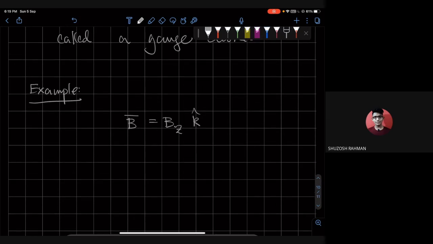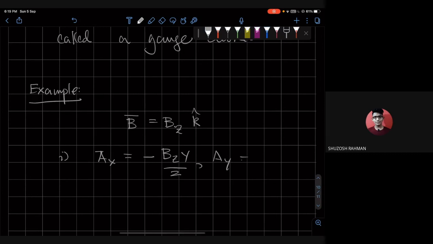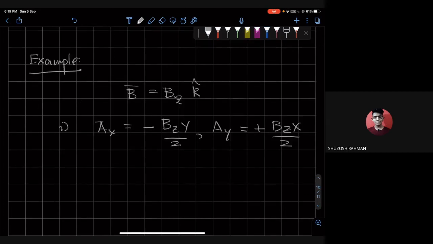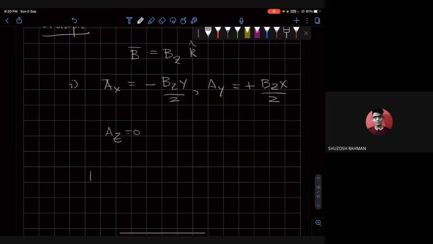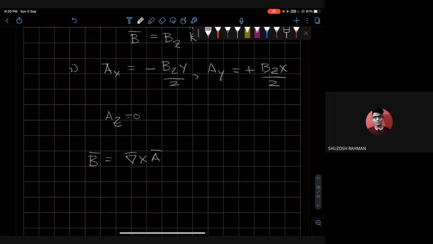Now, if I take one of the gauge fields to be Ax is say minus Bz y by 2, Ay is plus Bz x over 2, and say Az is 0, then using the fact that B is curl of A, so you guys know how to compute curl, right?